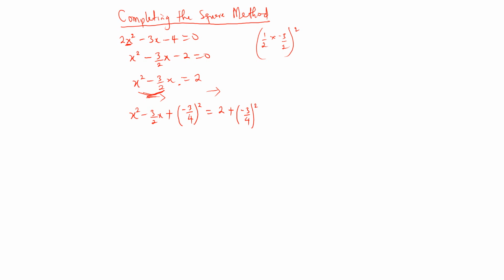Based on what they have learned earlier, to write this as a perfect square, the first part of the binomial must be the x here, and the second part is the one that is squared, which is minus 3 over 4. So they square it, and this is still the same thing as this, based on what they have learned earlier. Then you can continue from that: 2 plus 9 over 16.